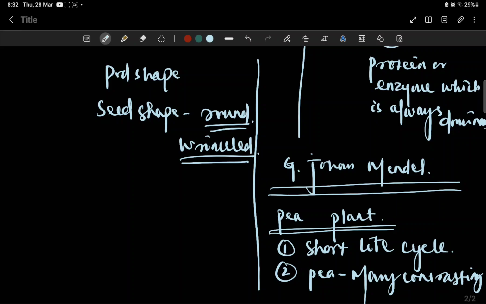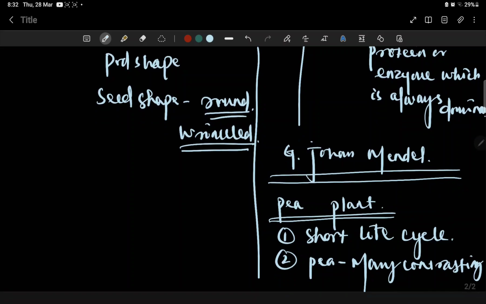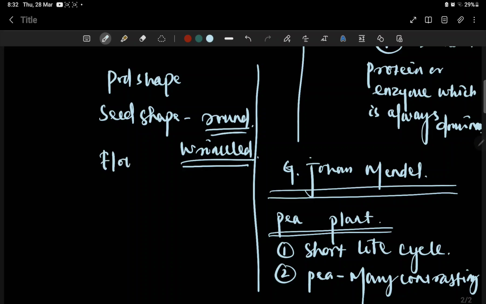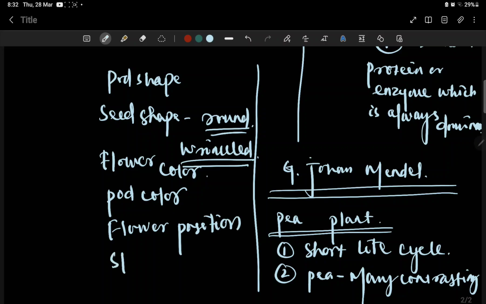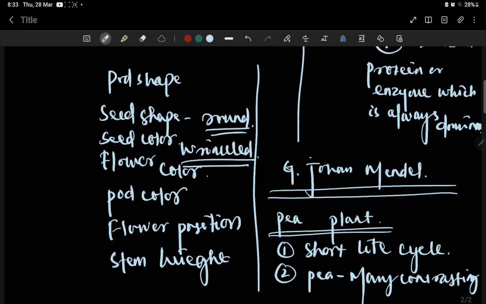Those 7 characters were seed shape, seed color, flower color, flower position, pod shape, pod color, and stem height. So these are the 7 contrasting characters which are opposite to each other.